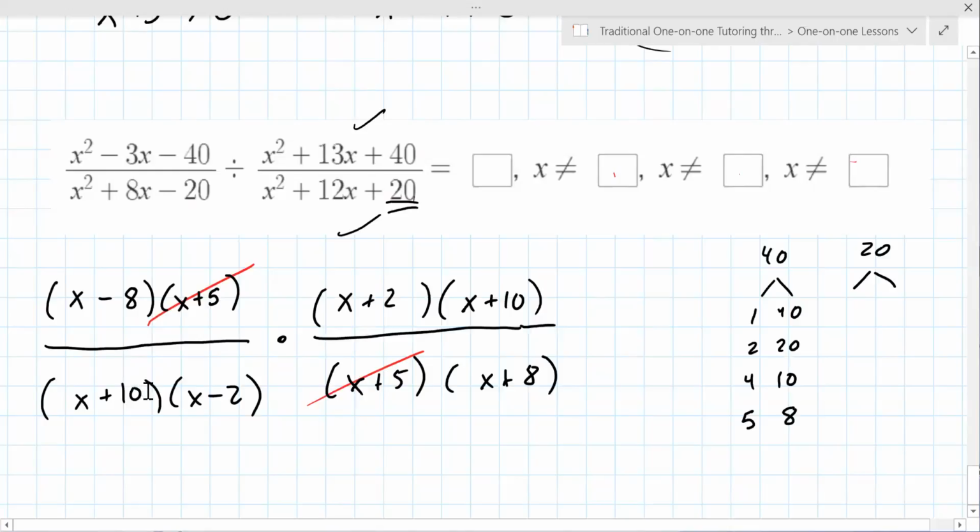I'm just checking to see that these are all right. They look really good, but the x plus 10 definitely cancels, but I'm not seeing any others. So what to do here. Because you can see like you're only going to get -5 and -10 here, but not a third one.